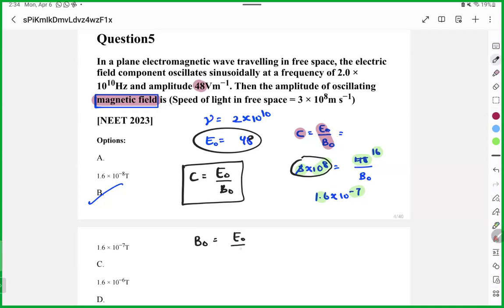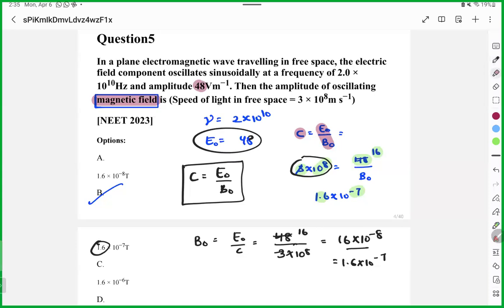E naught by C. What is E naught value? 48 divided by 3 into 10 raised to power 8. 16. 16 into 10 raised to power minus 8. Done. Correct. So answer will be 1.6 into 10 raised to power minus 7 if all options are given in 1.6. Sir, actually the problem is that I took it as 480. Oh, I was thinking why I'm getting -6 and sir is getting -7.